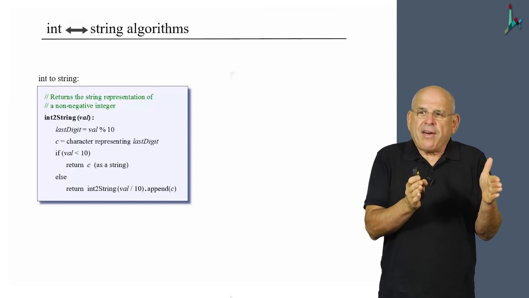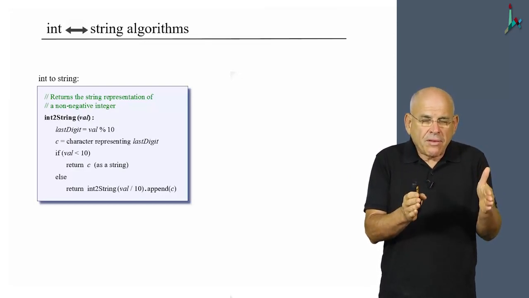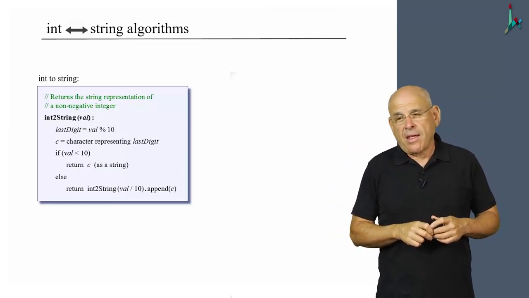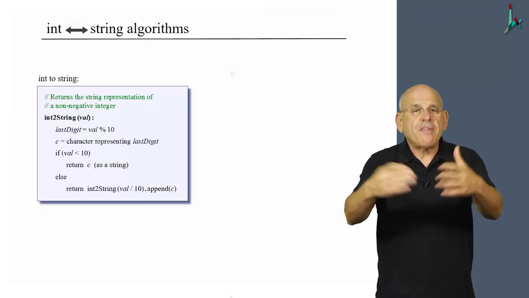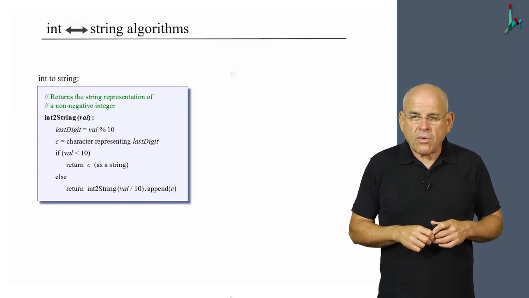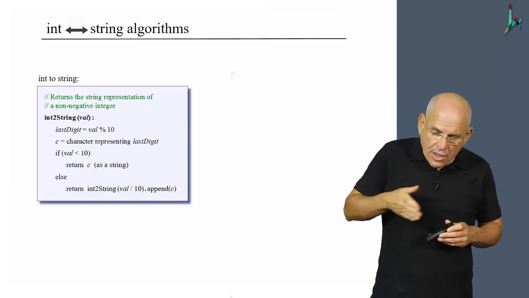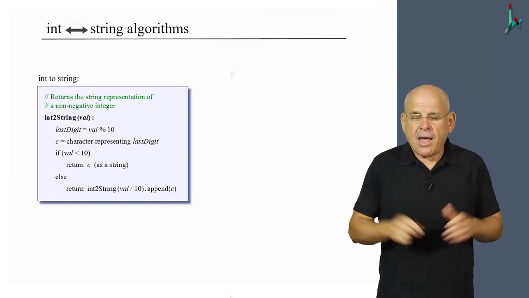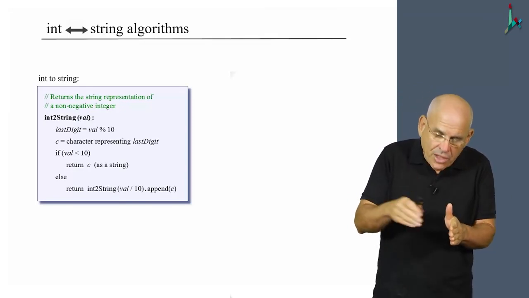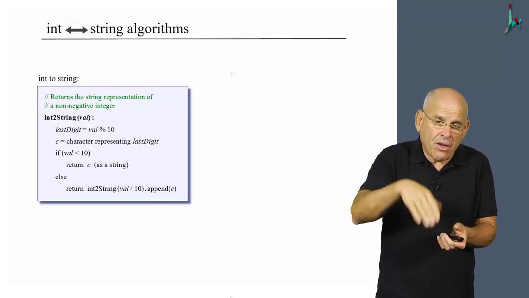I shorten the input by dividing it by 10, and then I apply the same algorithm to it, and I append the C that I computed in the current method invocation to whatever this algorithm is going to return. So this is a classical recursive operation. As we drill down the recursion, I'm making this thing shorter and shorter. The input becomes shorter and shorter, and in each drill down, I compute the C of the current recursion level.